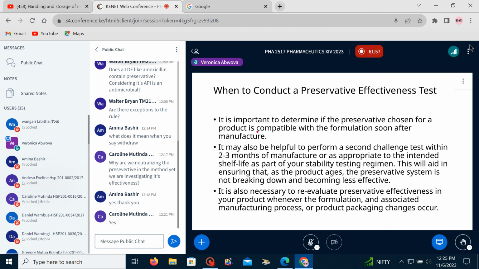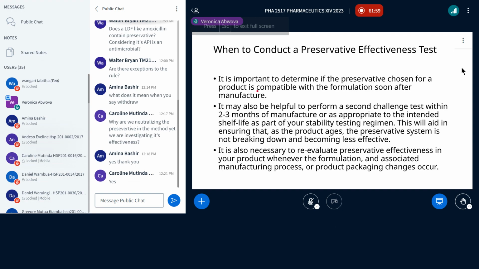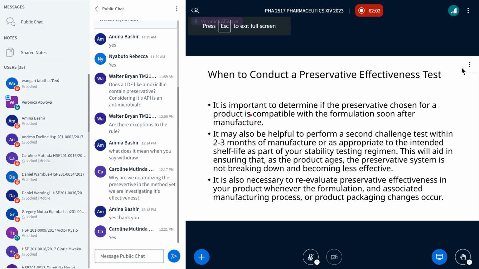But again, as you're storing the product, remember when during your GMP class, or even during formulation, we said that after production, you leave samples within the pharmaceutical industry and they are kept at the required conditions, okay?